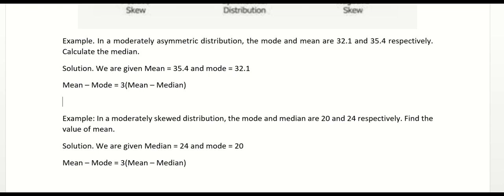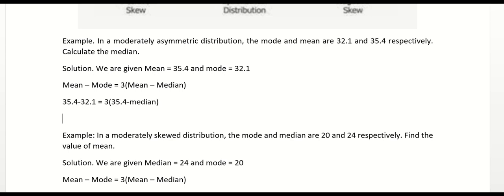So I am given mean and mode. So mean is 35.4 minus mode is 32.1 equals 3 into again mean is 35.4 minus median, which is not given to me, right? Now I will solve it.